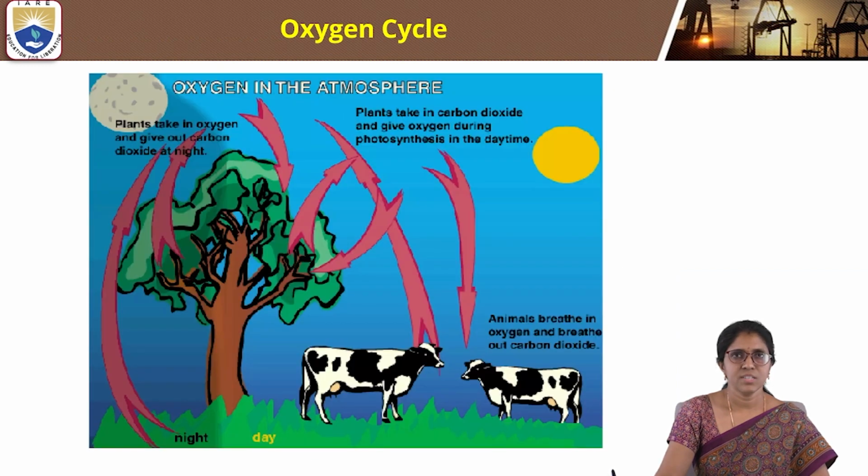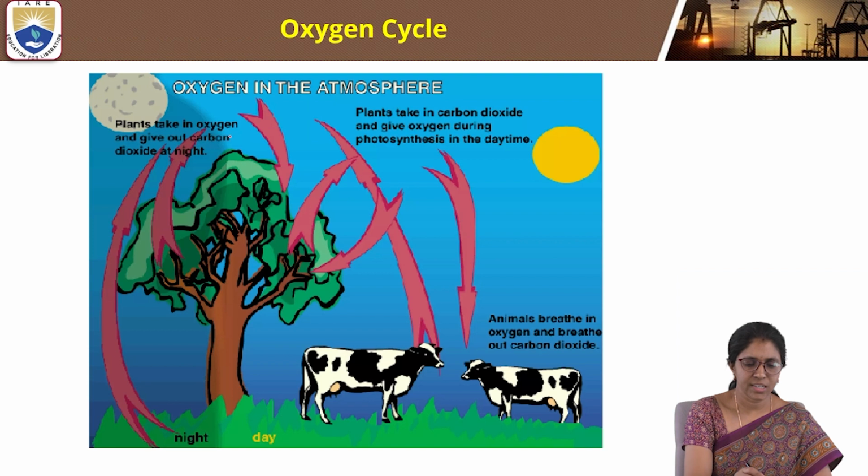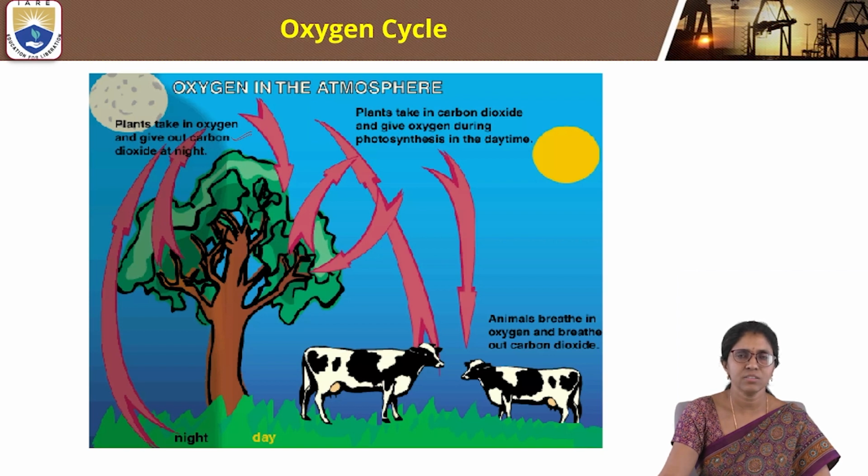In the oxygen cycle, at night plants take in oxygen and give out carbon dioxide to the atmosphere. In the daytime, plants take in carbon dioxide and give out oxygen during photosynthesis.